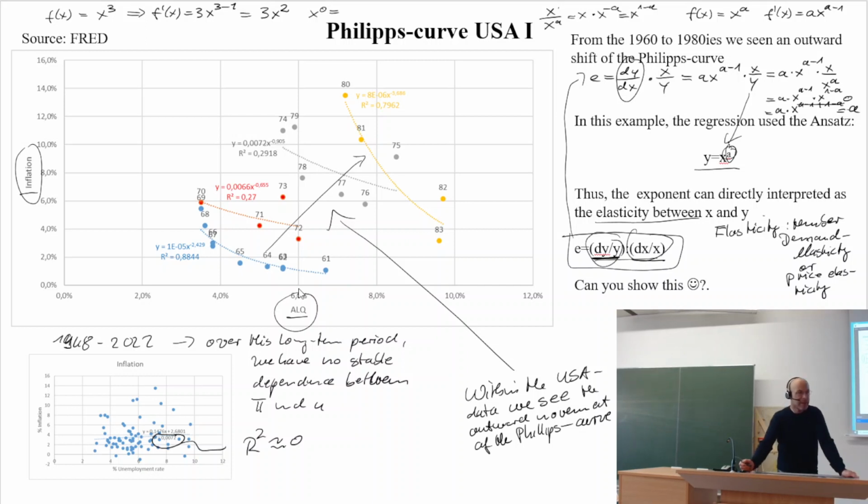And there we saw for US data that, more or less every 10, 15 years, starting in the 1960s, we had a more or less stable dependence between unemployment and inflation.